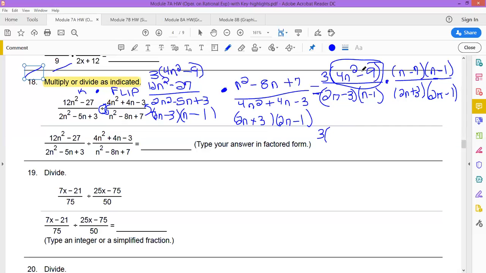And we'll factor 4n squared minus 9 as 2n, that's the perfect square because 2 times 2 gives us 4, n plus, what do I square in order to get 9? That's 3. So it'll be 2n plus 3 and 2n minus 3. That's our difference of perfect squares. Now the other terms will all stay the same, so I'm just going to recopy them. In our denominator of the first fraction, we have 2n minus 3 and n minus 1.